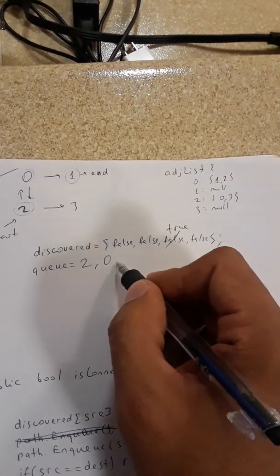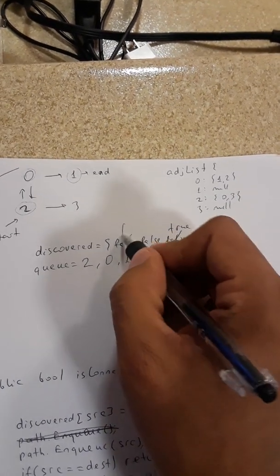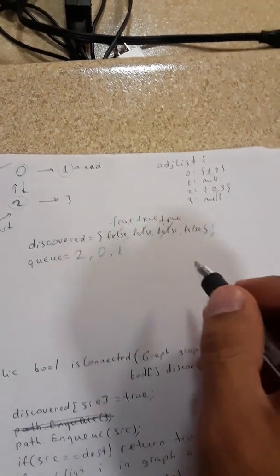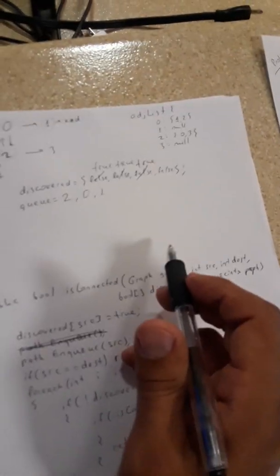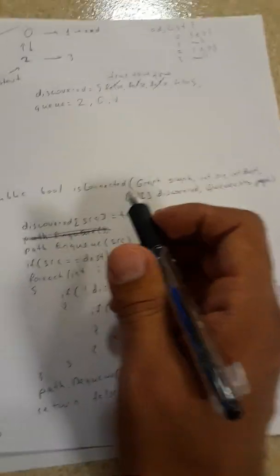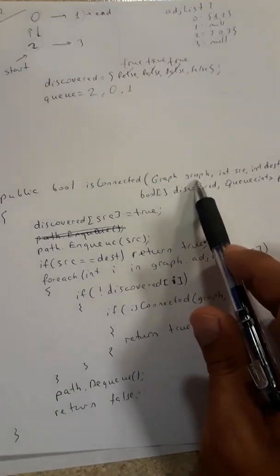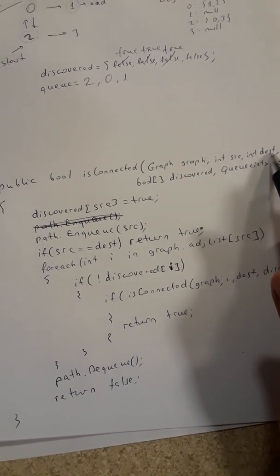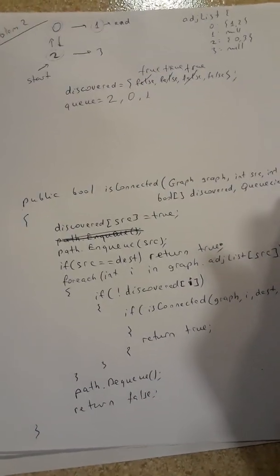Then we will check the 0 value, which is 1, true and true. So this queue and discovered array will be outside of our method, and the method will be called recursively. Into the method we will be passing the graph itself, the source and destination vertices in the graph, the array itself, and the queue path.